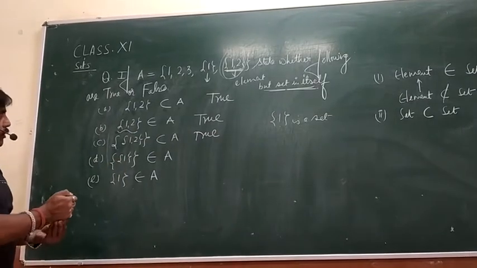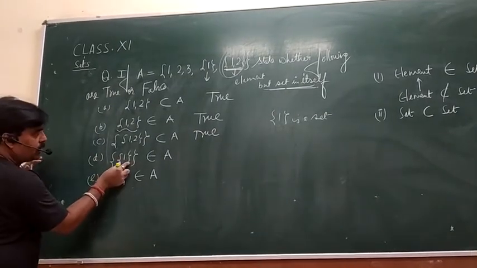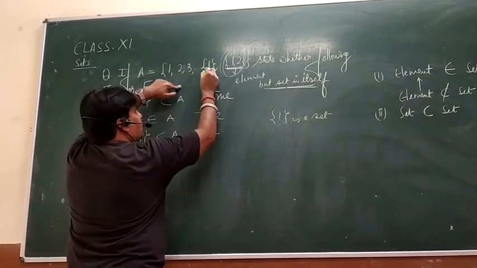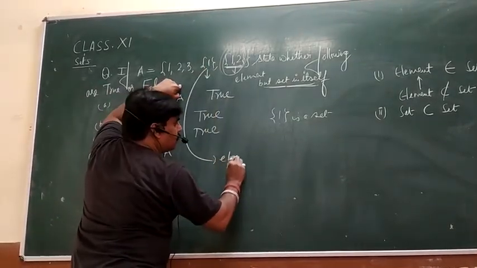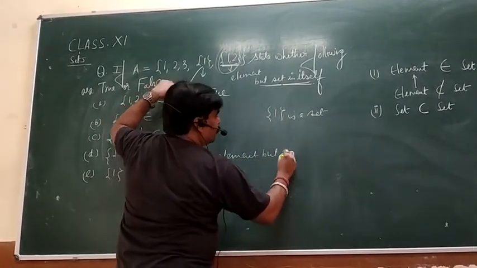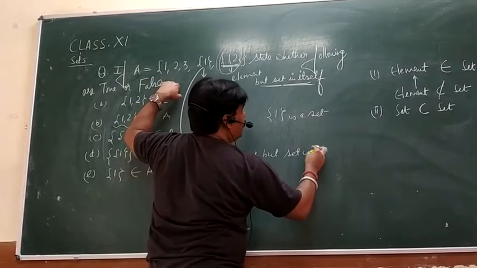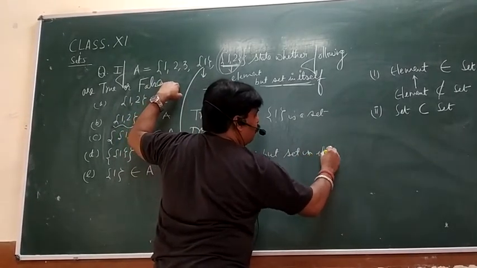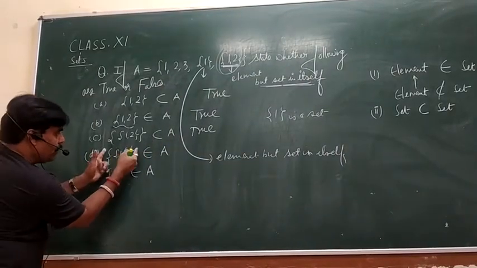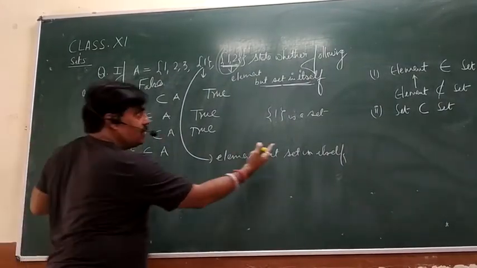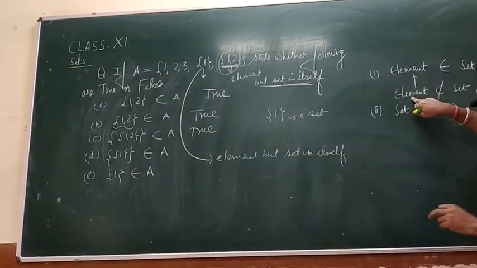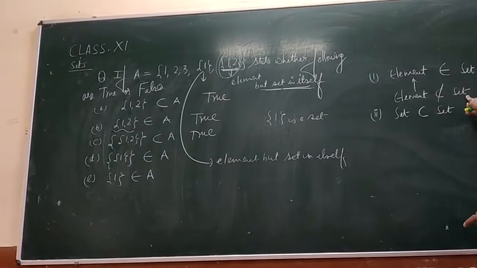Here, see, this is an element. Look here now. This is your element, but it is a set in itself. So this is the element, but we are saying this is a set belonging to A. A set never belongs; an element cannot be the subset of any set.